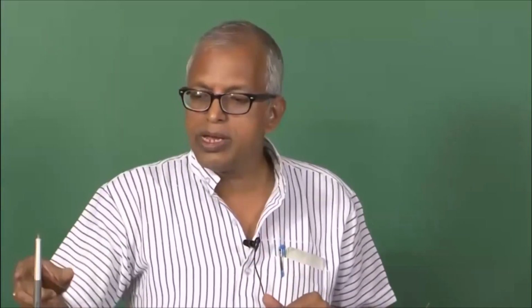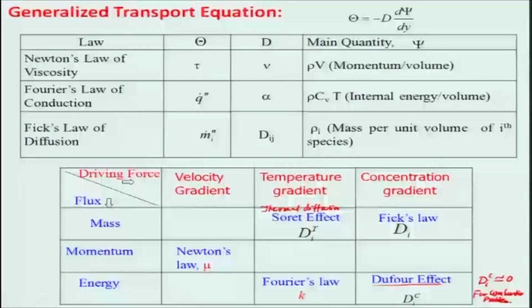So, when we consider this effect, we will have to consider the total mass diffusion of, let us say, molecule A or the i-th species, due to two effects. What are those?